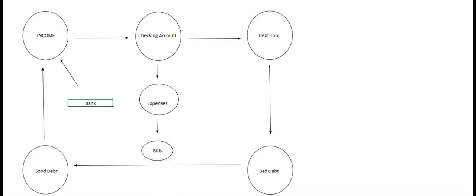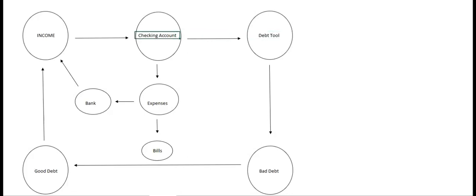Well, now if your MEC limit is maxed out, then you'll eventually take a loan from that, and basically that income comes into the checking account. Even though it's being parked in the debt tool, if you watch the videos on creating a budget, we keep our checking account at a required amount, and then that overflow goes into the debt tool.